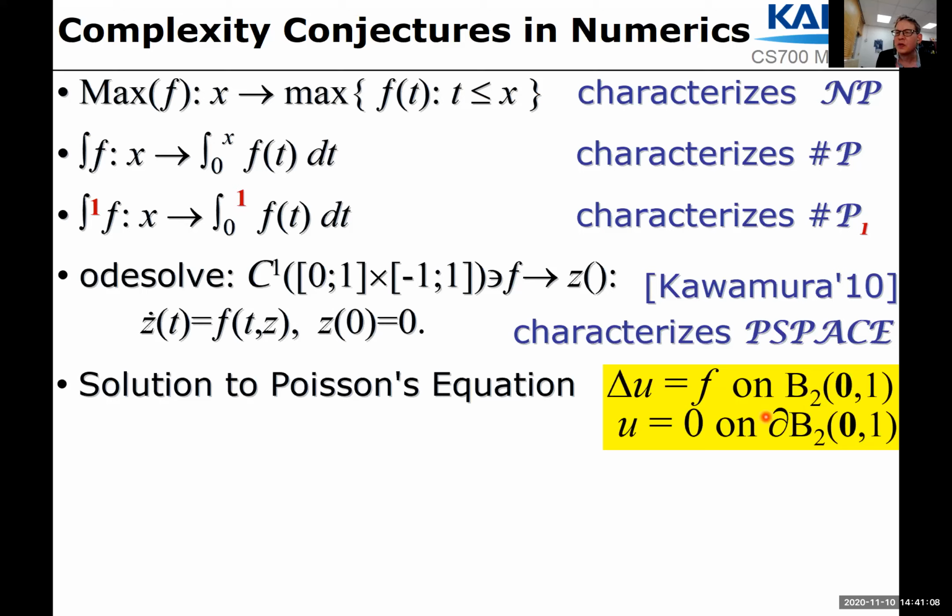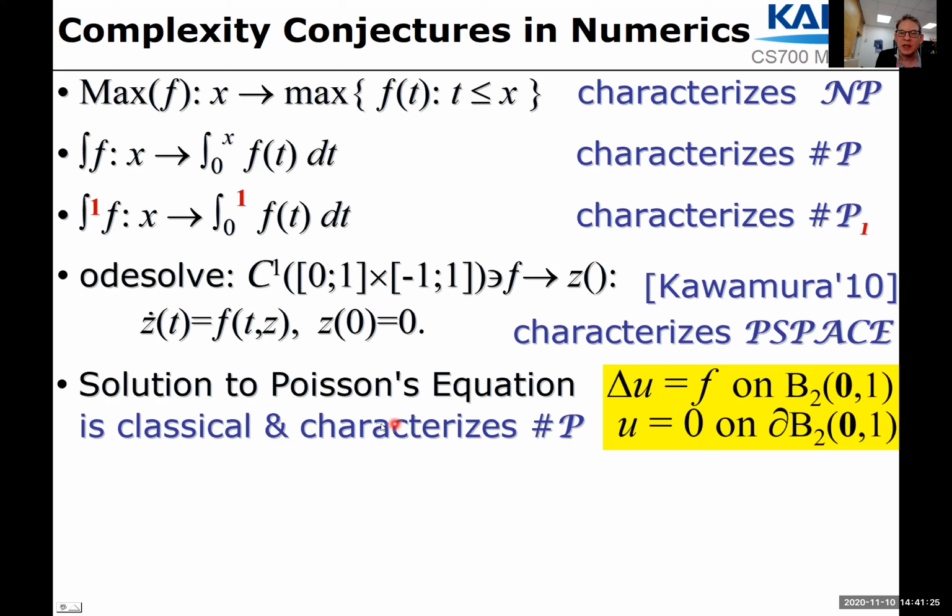On the boundary of the unit disk, we need to impose some boundary condition, and for simplicity we impose zero boundary condition. Here, Florian Steinberg proved that the solution is a classical solution if the right-hand side is polynomial time computable, and it characterizes #P. On the next slides, we're going to recover his proof of this interesting characterization of #P.